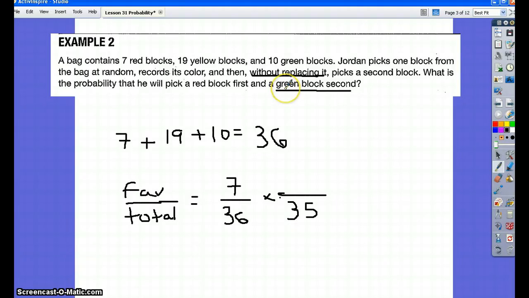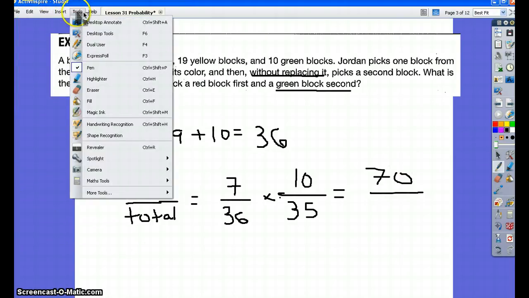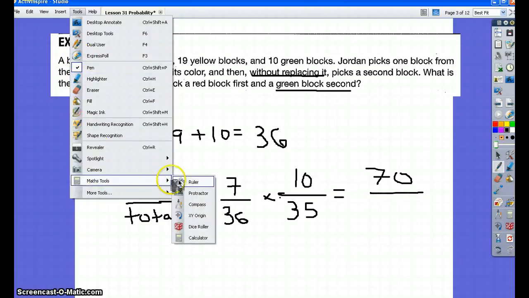What's the probability that he'll get a green block? Well, there's 10 of those. So you multiply those answers together to get, let's get our calculator out. Obviously this is going to be 70 over, let's find our calculator.